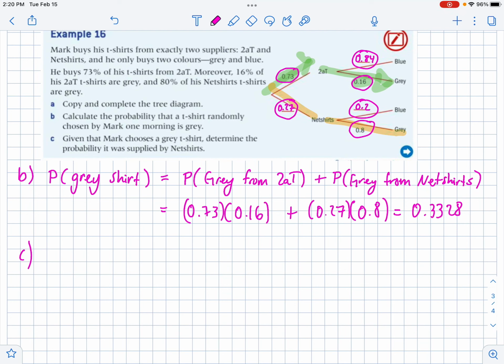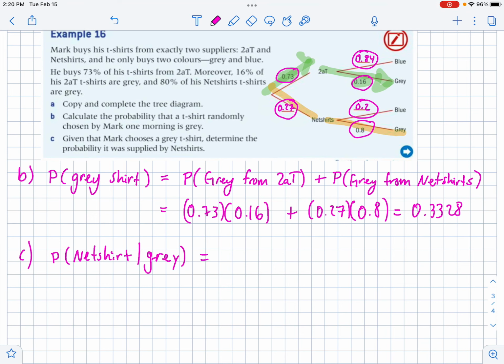Part C. Given that Mark chooses a gray t-shirt, determine the probability it was supplied by Netshirts. So this is the probability, here, how would we write it? It's the probability of getting a Netshirt given that it was gray.